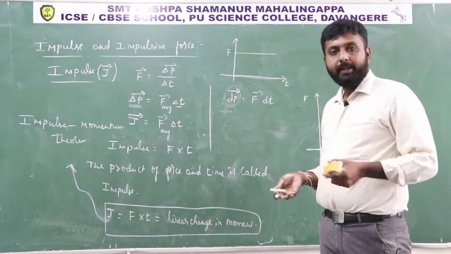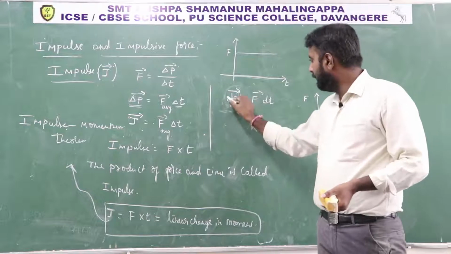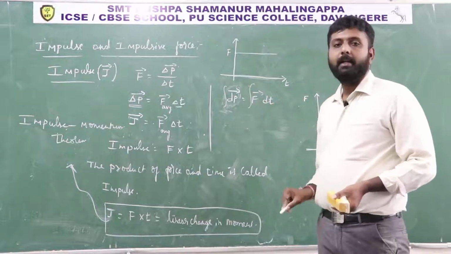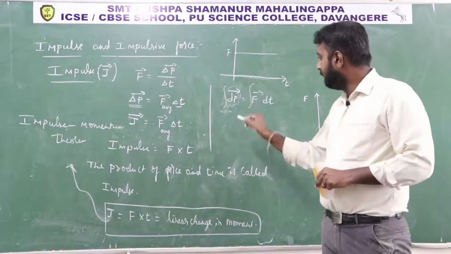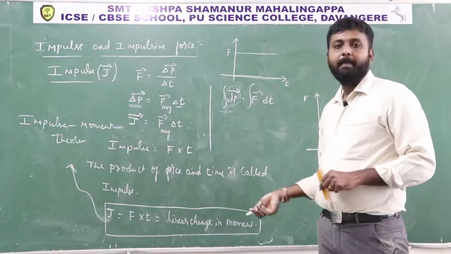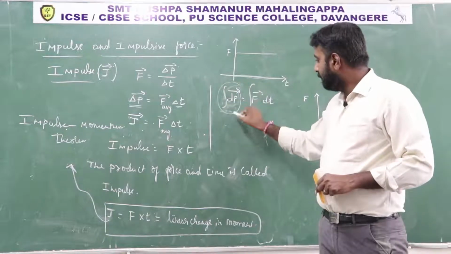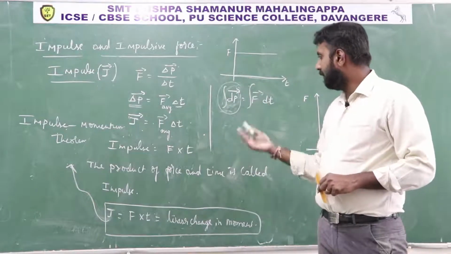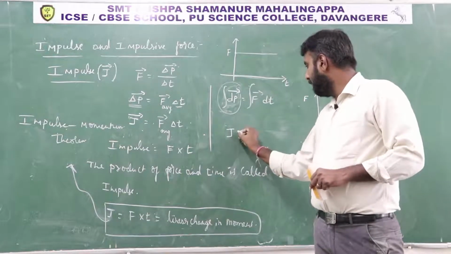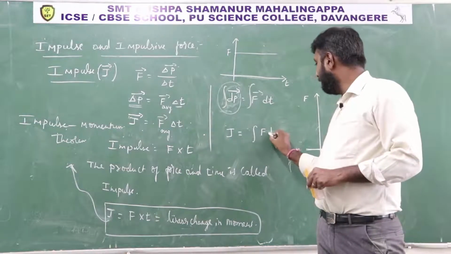Here dp is an infinitely small change in momentum. We want to find the total change in momentum. For the total change in momentum, we have to apply integration on both sides. This integration we will study in mathematics. Then the integration of dp becomes p, which is nothing but the total change in momentum, and we can represent that as J. This equals the integral of F into dt.